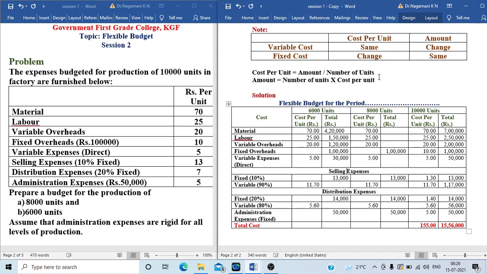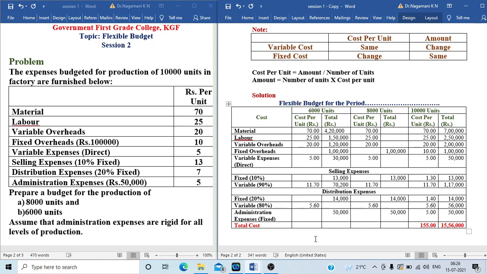See, I have not calculated the fixed overhead cost per unit. Afterwards we are going to calculate. First only variable expenses amount we are going to calculate. Next selling expenses, under that variable 90% is there. For that cost per unit is 11.70 into 6000 units, 70,200.